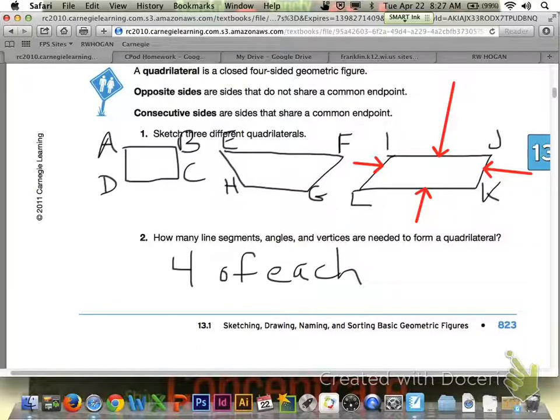If you take a look at your vertices again, 1, 2, 3, and 4. And if you take a look again at your angles, 1, 2, 3, and 4.